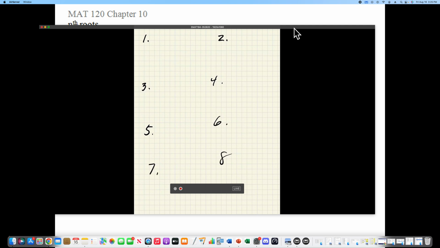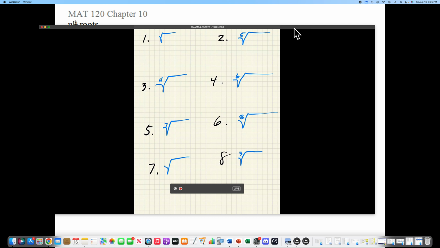And you have a square root, a 5th root, a 4th root, a 6th root, a 7th root, an 8th root, and another square root, and let's say 8 is a cube root.